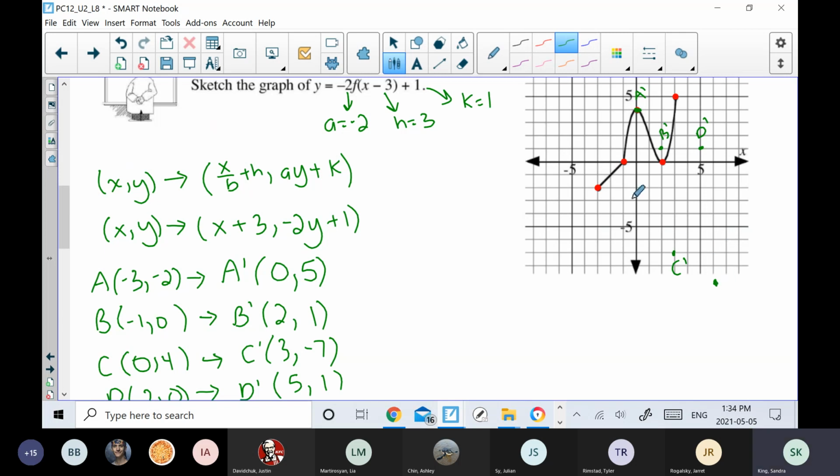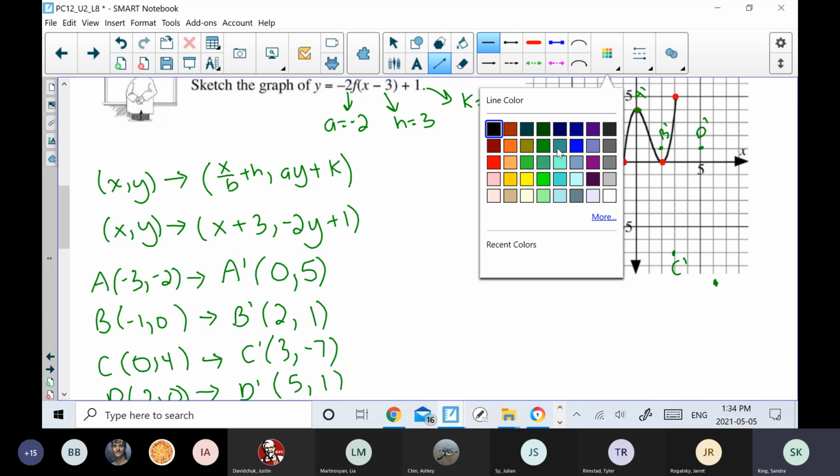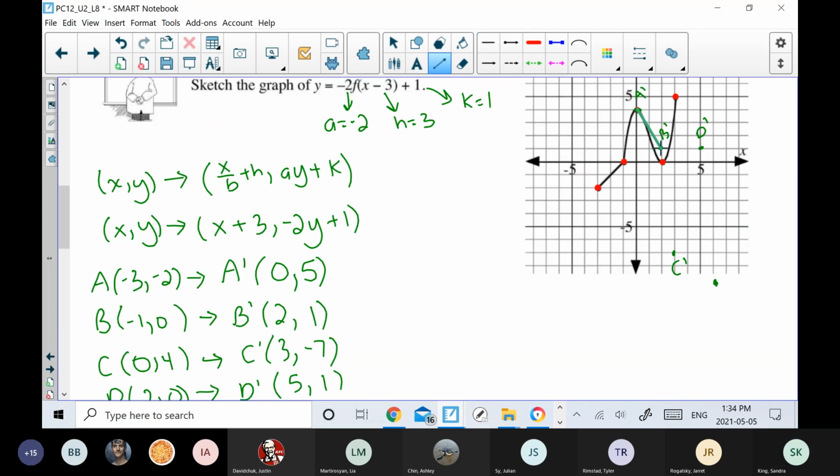Okay. So A to B was a straight line. So I would make sure that my A prime to B prime is going to be a straight line. And then it's going to go B to C to D. And this was like a parabola.